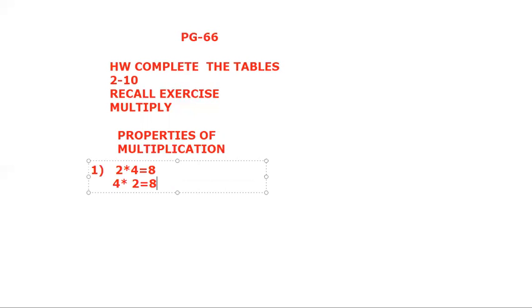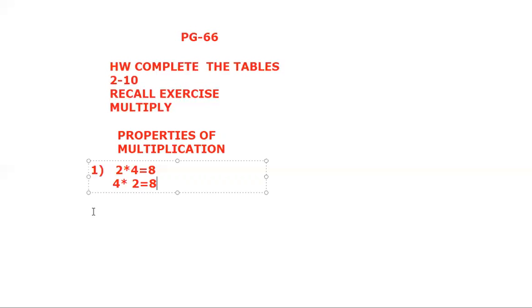Similarly, 4 into 2 is equal to 8. Even if you alter the order of the numbers, the product will always remain the same. Both the products are same. This is one of the properties of multiplication. Remember it.